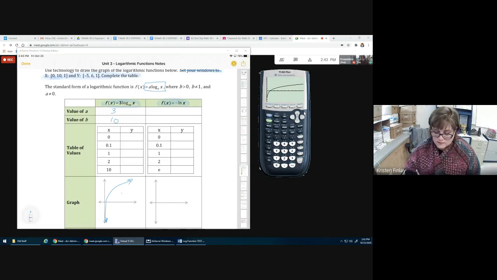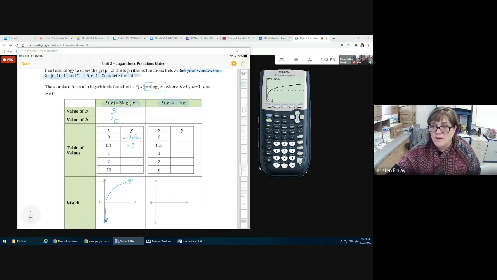So, table of values for y. When x equals 0, y is undefined. You can see that it is approaching a vertical line. For x equal to 0.1, I use graph, second function, trace, and put the value in. So 0.1, I get -3.